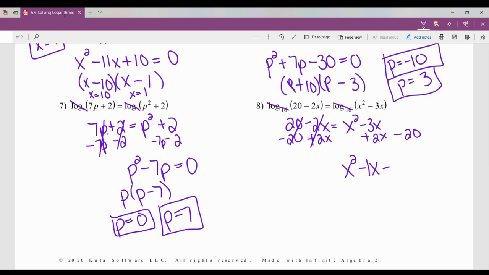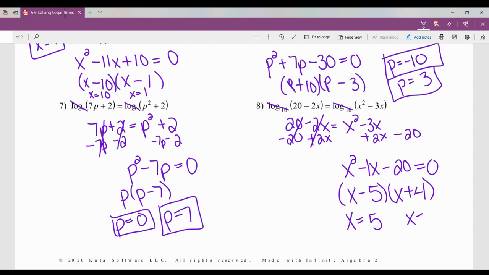It doesn't matter. Minus 20 equals 0. And now we say, what are my factors of 20 that are going to subtract to give me 1? 5 and 4. Minus 5 plus 4 will give me negative 1. So my answers are going to be positive 5 and negative 4.